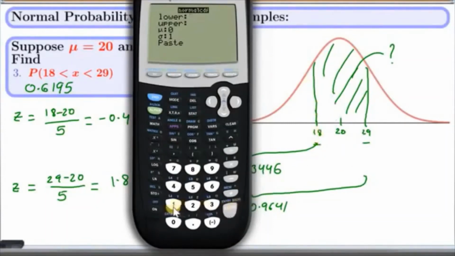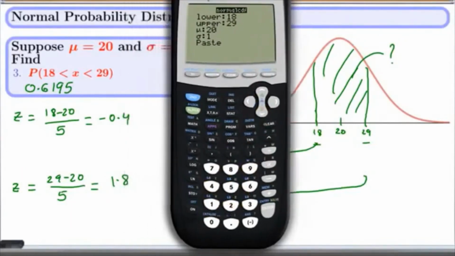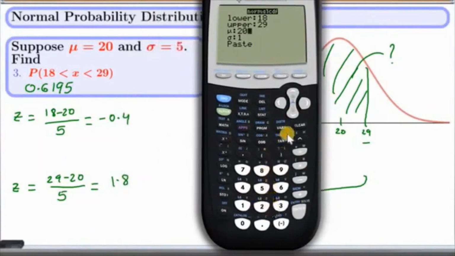So from here, our lower value is 18, our upper value is 29, our mean is 20, and our standard deviation is 5. Now hit enter and enter. So we have this number here, and this is exactly what we got from table also.